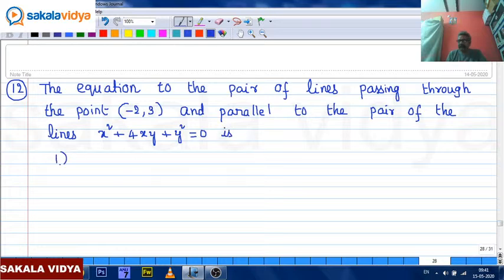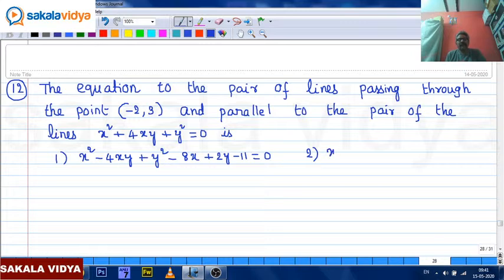First option: x square minus 4xy plus y square minus 8x plus 2y minus 11 is equal to 0.